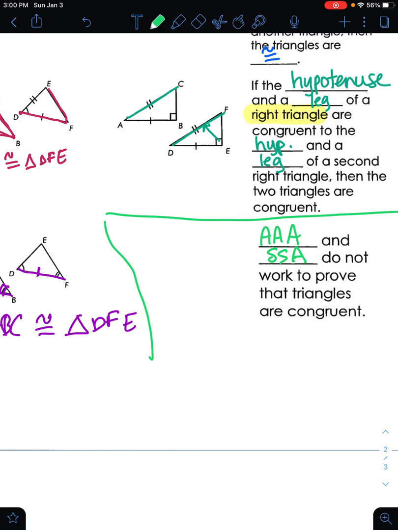Angle, angle, angle, of course, refers to having 3 angles in one triangle congruent to 3 in another. Now, the reason that doesn't work, and I'm going to do my best to draw this, but it's not going to be perfect: try to envision you have a triangle, and I draw a second triangle where the sides are longer, but the angles are the same.